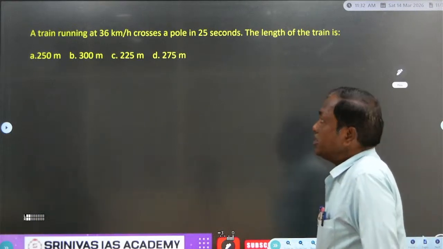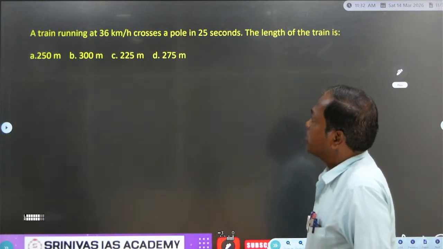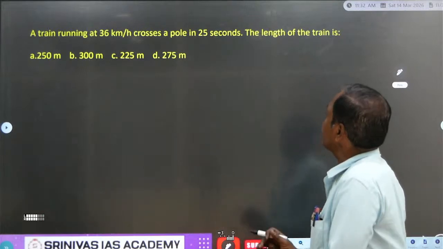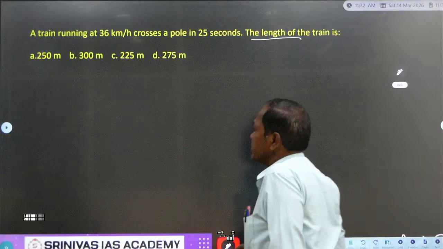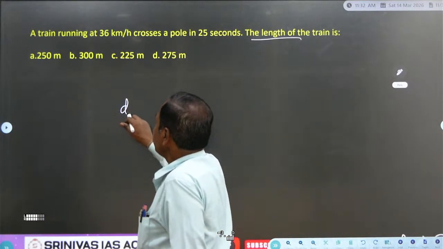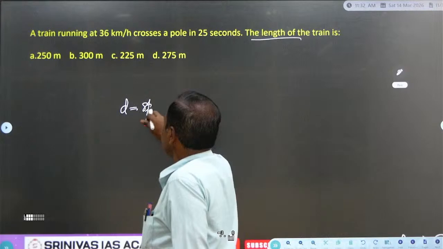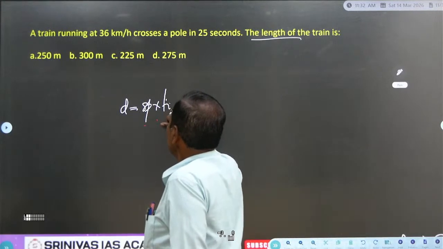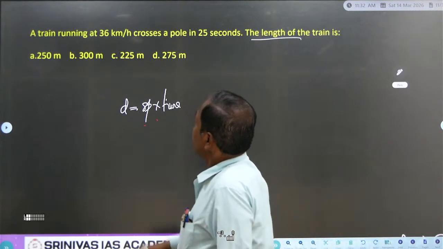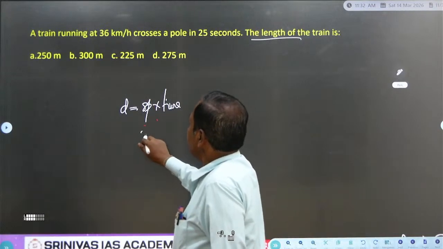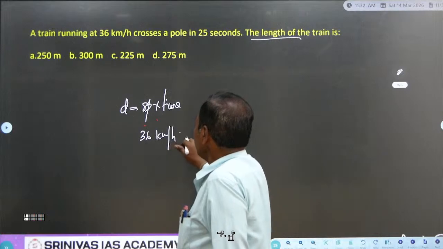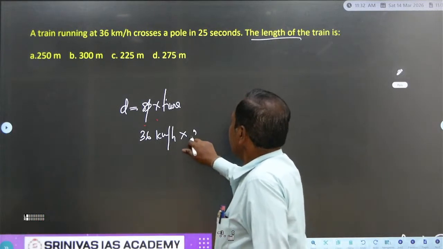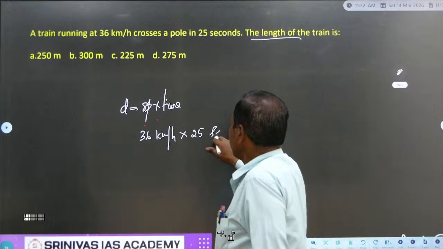Next, a train running at 36 km per hour crosses a pole in 25 seconds. The length of the train is. What is the length of the train? It means distance is to be known. Distance is equal to speed into time. So 36 kilometers per hour, crosses in 25 seconds.